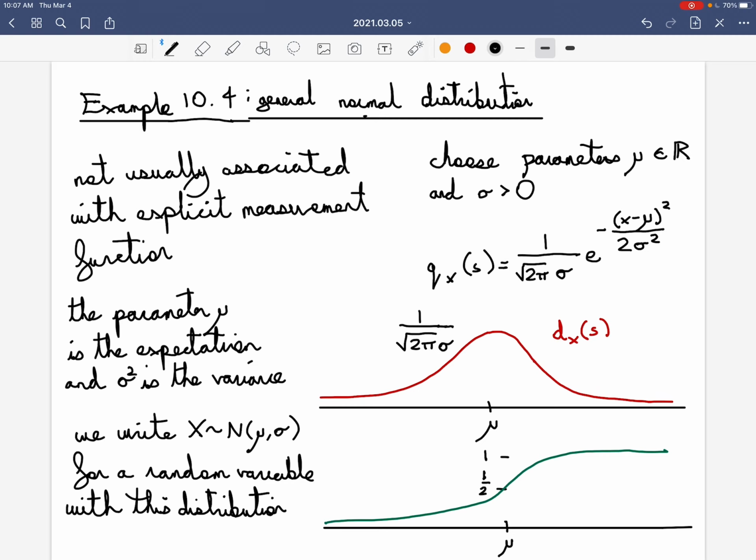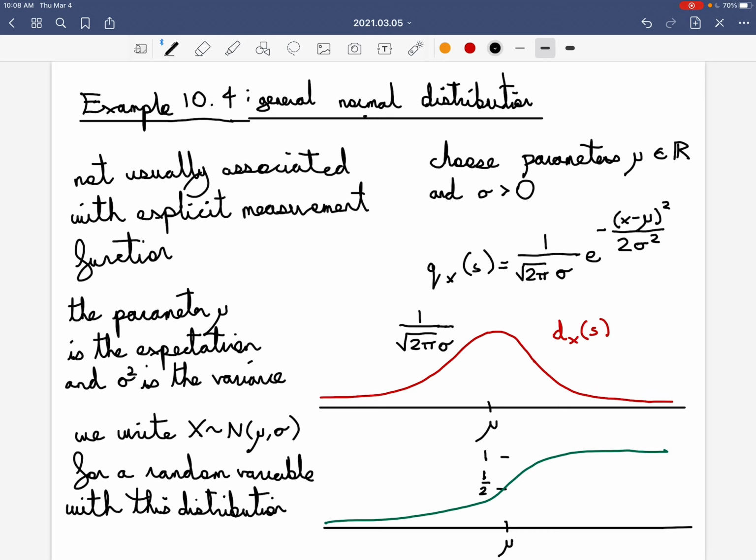So in order to parameterize the general normal, you choose a parameter mu for the expectation and a parameter sigma for the square root of the variance. And then you have this weird looking function: q of x is 1 over the square root of 2 pi times sigma, times e to the power of minus (x minus mu) all squared over 2 sigma squared.